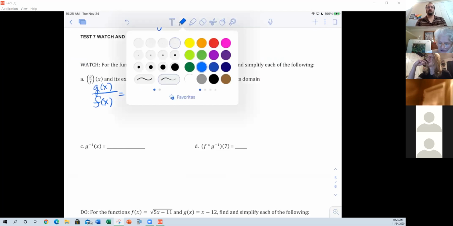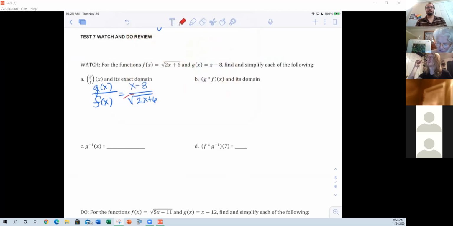So there's two things we know about the denominator. First of all, we know that this cannot equal 0. And secondly, we know that this has to be greater than or equal to 0. So this one right here, if I solve for x, I have 2x is greater than or equal to -6. So x is greater than or equal to -3.